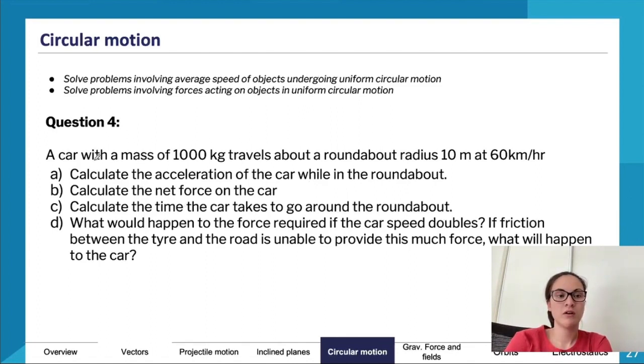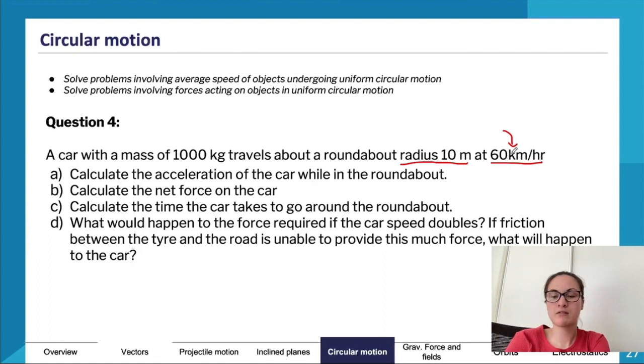So a car with a mass of 1,000 kilograms travels around a roundabout of radius 10 meters at 60 kilometers an hour. So we've got our radius and we've got our velocity. Calculate the acceleration of the car while in the roundabout. First things first, I want to convert this into what we need, which is meters per second.